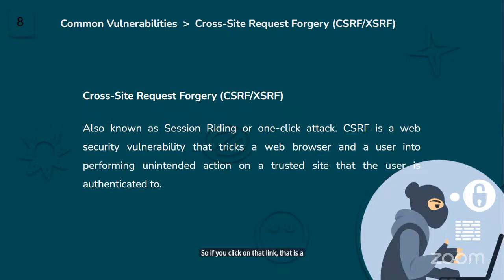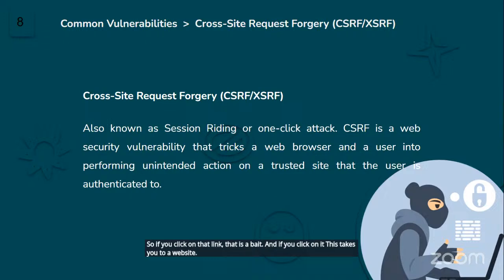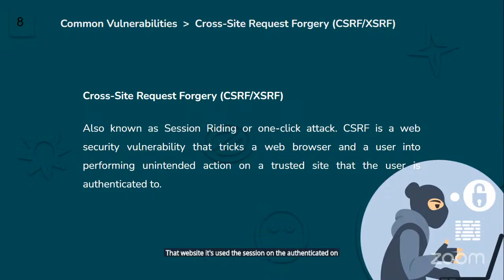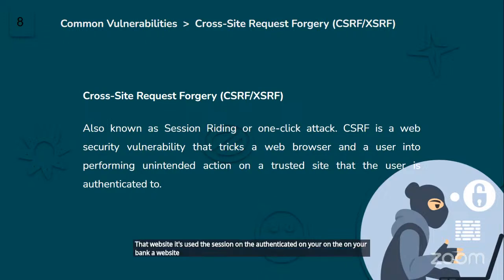If you click on it, this takes you to a website. And on this website, you might even see nothing useful there, and you just think, oh, this is just a lie. And after that, you don't know what is happening. That website used the session on your Bank A website, which you are authenticated to.